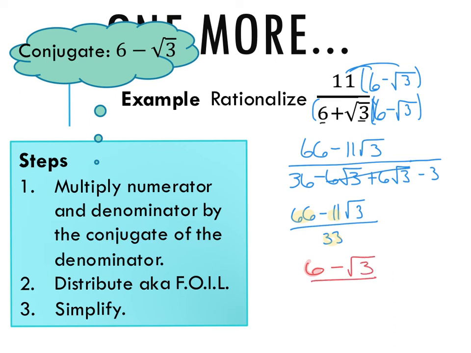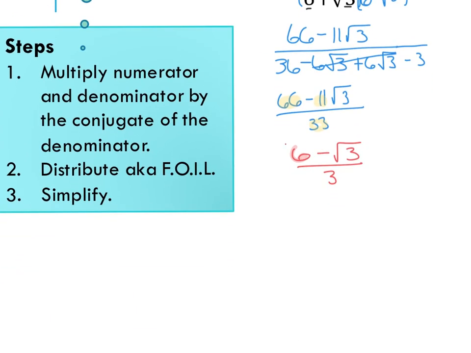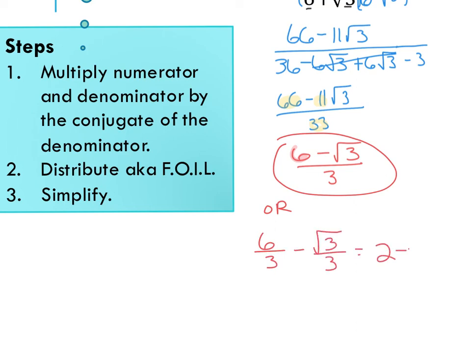And the denominator will just be 3. Now technically you can clean that up a little bit more. This would be deemed acceptable. Or what you can do is you can say 6 over 3 minus square root 3 over 3, which is 2 minus the square root of 3 over 3. Both answers would be deemed acceptable.